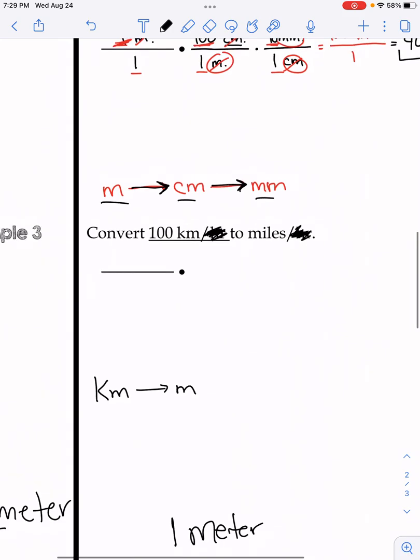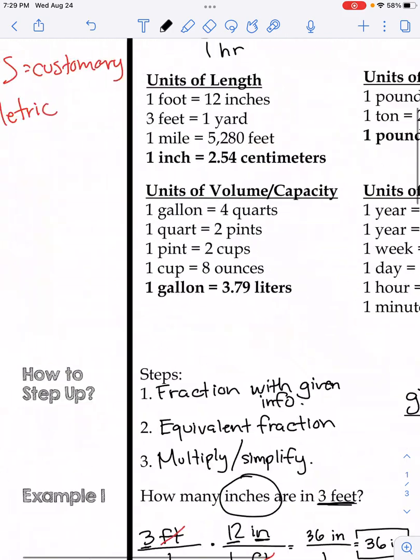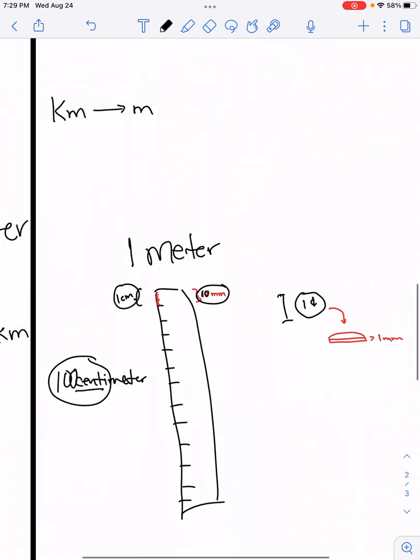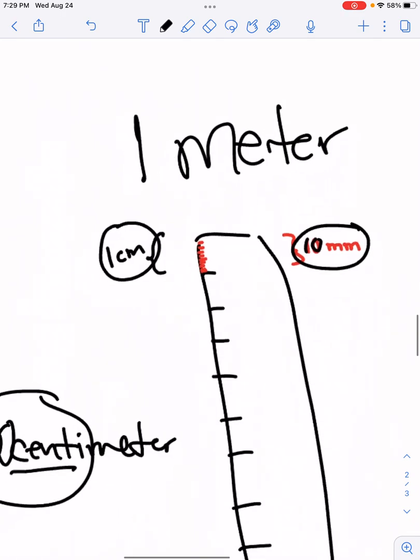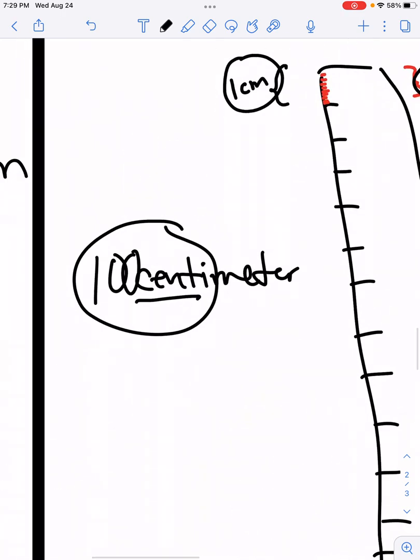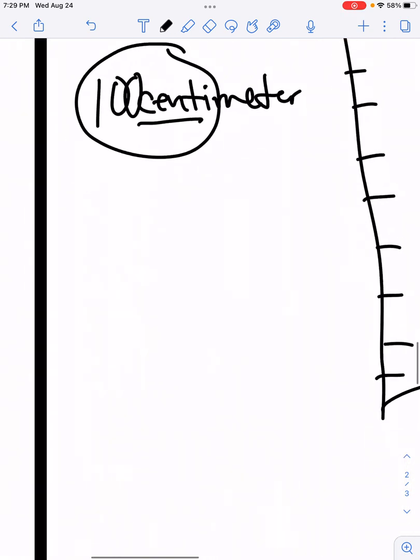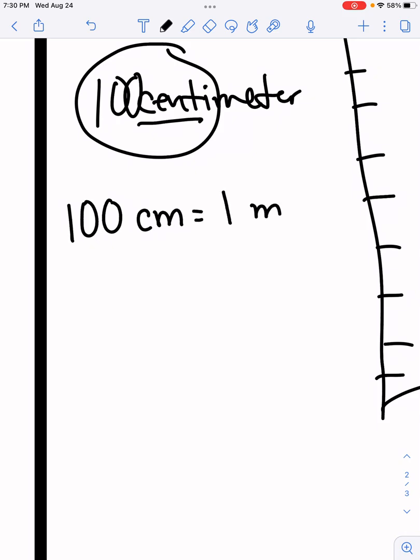Now what else can I do? I don't see meters anywhere here for length. But I do see centimeters, which we just talked about earlier. We have a conversion from centimeters to meters: there are 100 centimeters in every 1 meter.